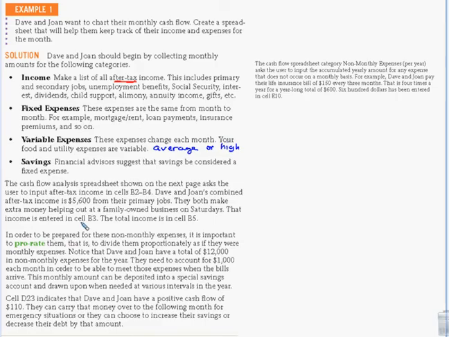And then you have savings, and they consider that this should be a fixed expense because you should have a goal of putting away so much money per month, and that should be considered a fixed expense.